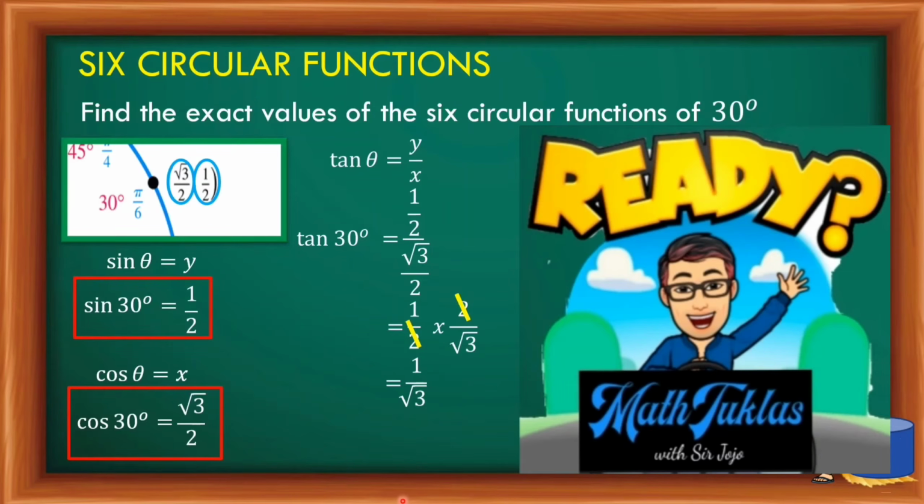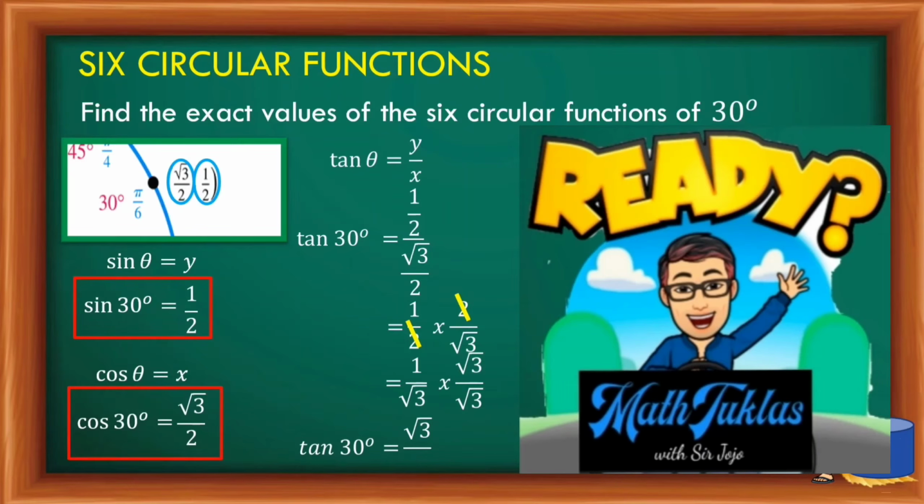So, sa math, we need to rationalize it. So, para ma-rationalize yan, kung ano ang denominator, we are going to multiply both numerator and denominator to that. So, i-multiply natin ang numerator sa square root of 3 over square root of 3. Pag minultiply natin ang numerator, 1 times square root of 3 will be square root of 3.